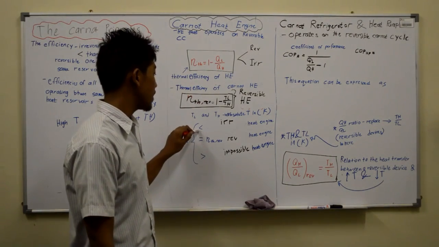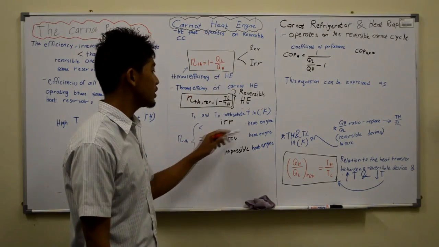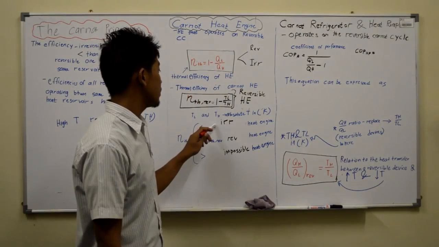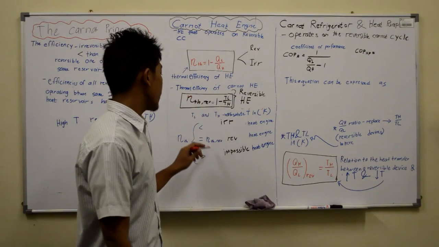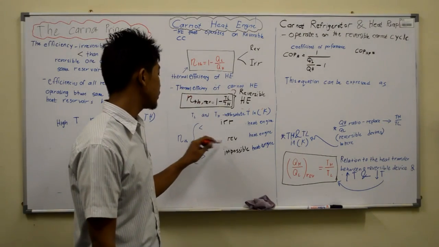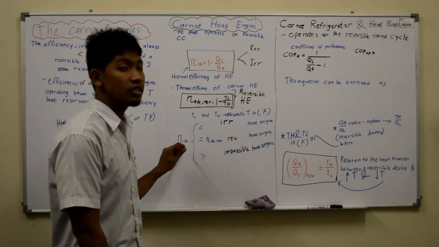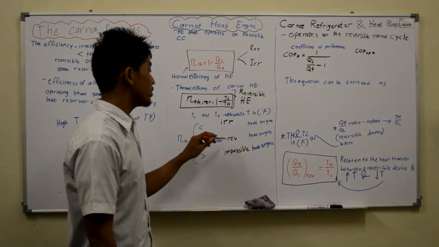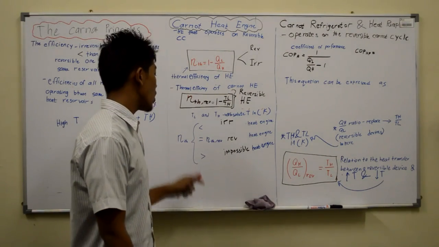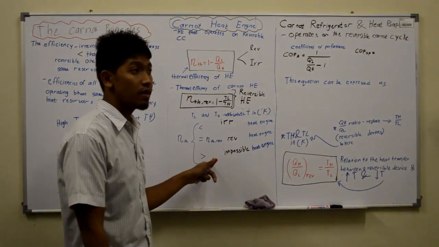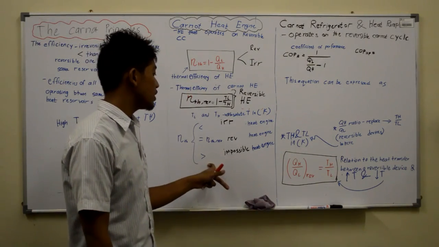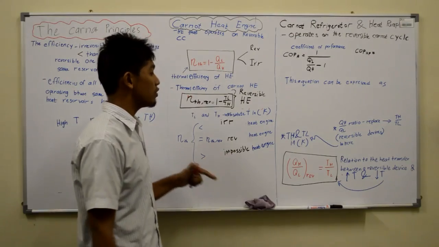When the efficiency is less than the Carnot thermal efficiency, the heat engine is irreversible. When it is equal to the Carnot thermal efficiency, it is a reversible heat engine. When it is higher than the Carnot thermal efficiency, it is impossible for a heat engine.